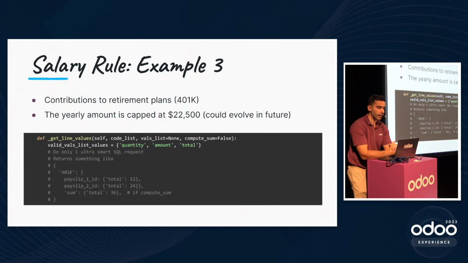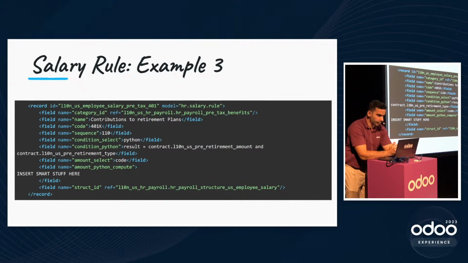The most efficient way to retrieve all we need is to do that in a single SQL request, so that we don't have to fetch the ORM multiple times. So the method is called on a payslip record set, and it expects a list of rule codes that we want to retrieve, a list of all the rule values that we want, and we could also say directly compute the aggregation sum of all that.